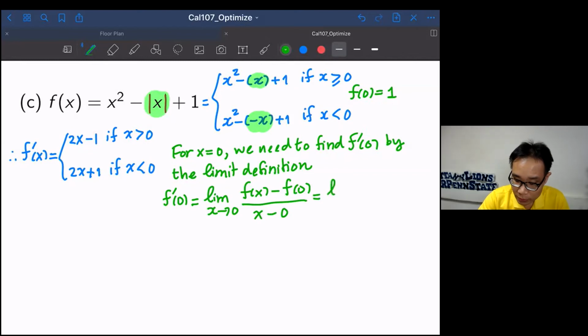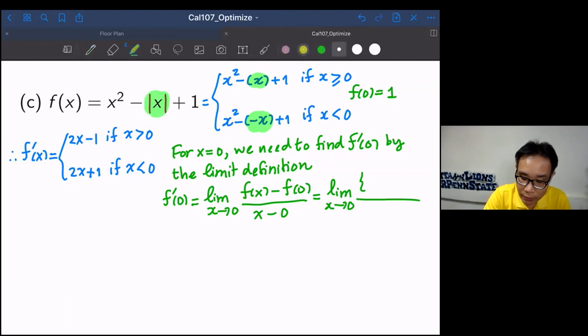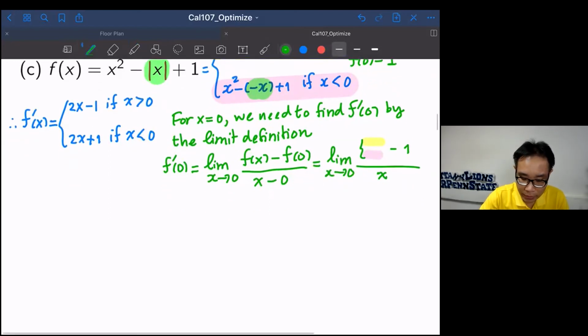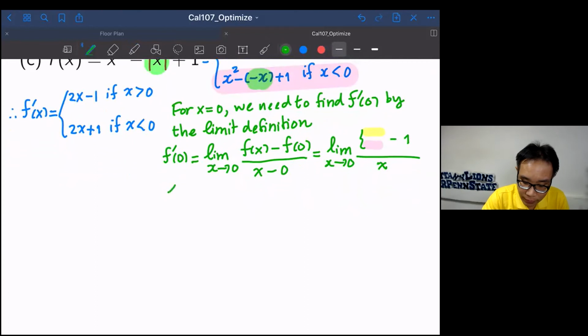So you have the limit as x goes to 0, and you have two cases. Let me write it this way, so you get the yellow case and the pink case, minus 1 over x. For this one we need to use left and right limits.